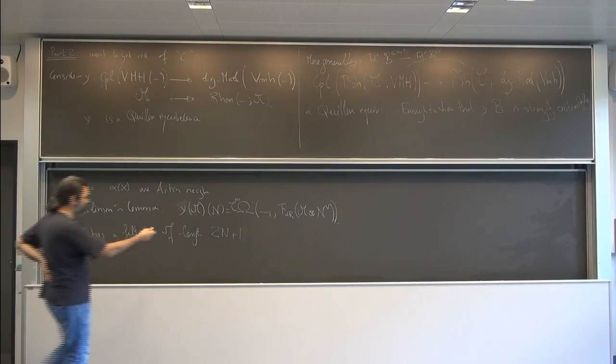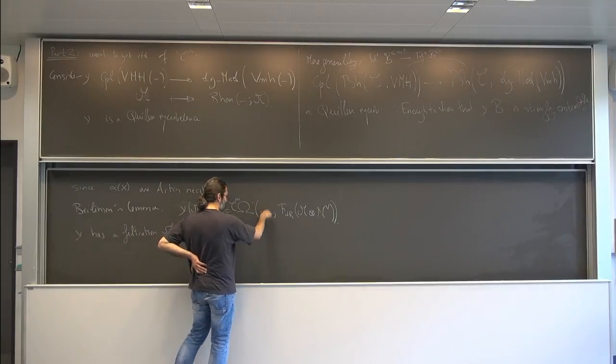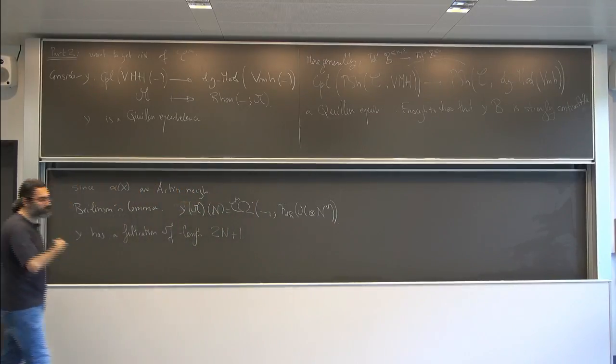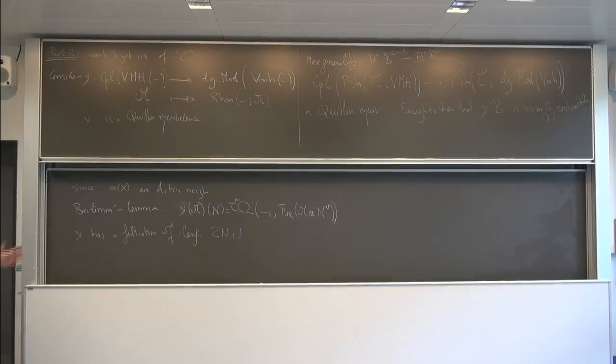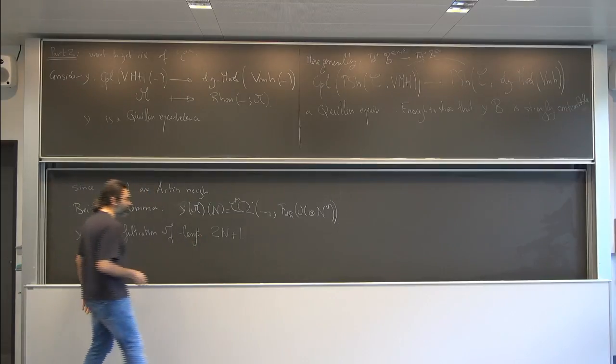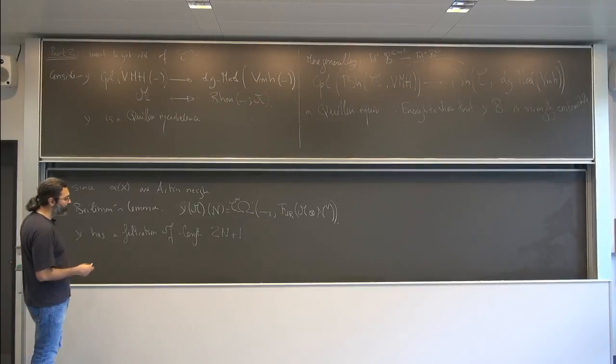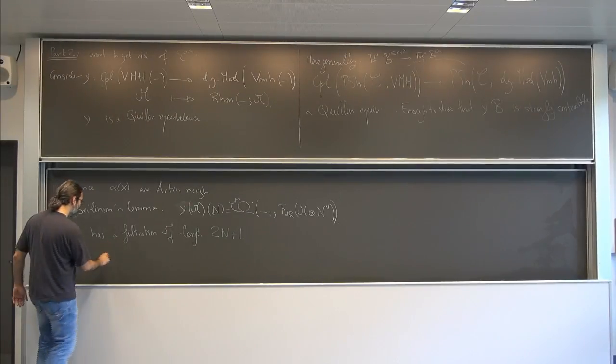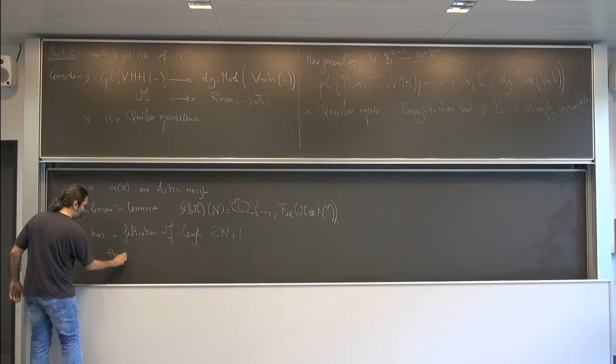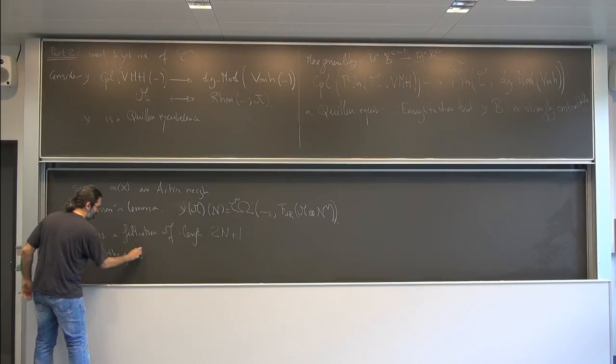Simply because the dimension of the base here is less than n, the RHom complex is of length 2n plus 1, or 2n, depending on how you count. So we have this filtration, and the graded pieces.